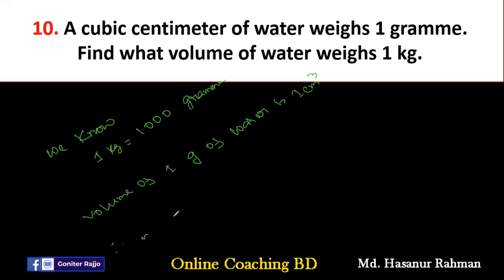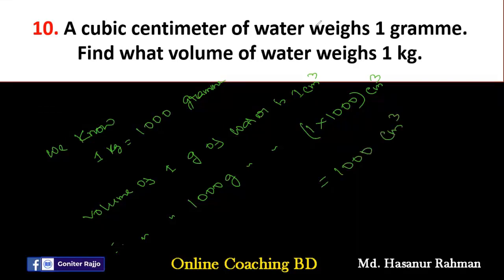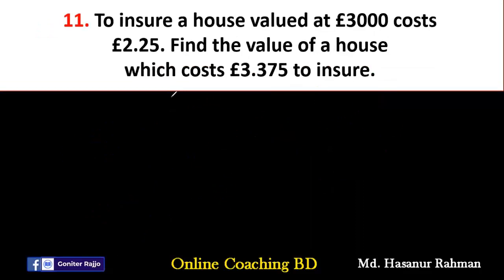Therefore, volume of 1000 gram of water will be 1 multiplied by 1000 cubic centimeter. Then our final answer will be 1000 cubic centimeter. Very simple. Number 11. Number 11 says to insure a house valued at 3,000 pound costs 2.25 pound.